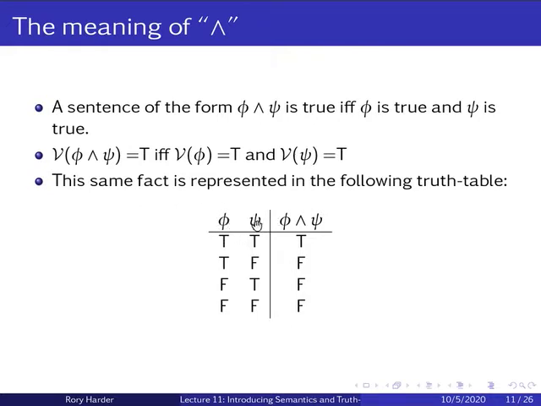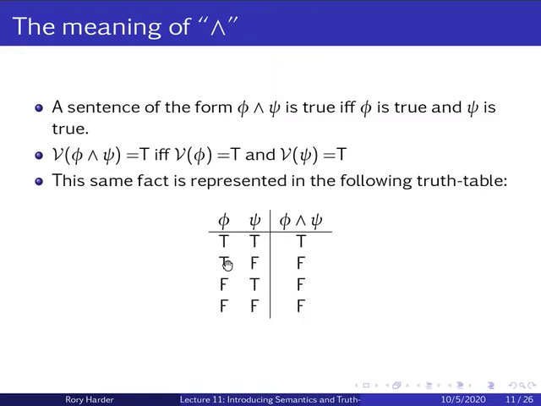So here we have the two conjuncts, phi and psi, and then we have their conjunction, phi and psi. Now, on the left-hand side of the truth table, what we have is all the possible combinations of truth values that the conjuncts can have. So we can have that both of them are true.